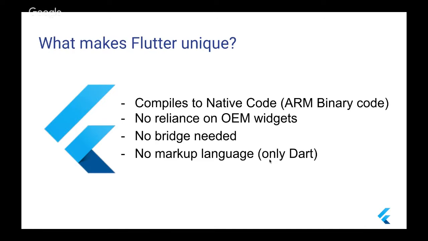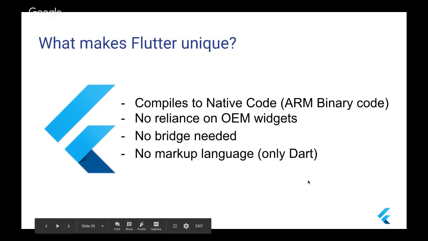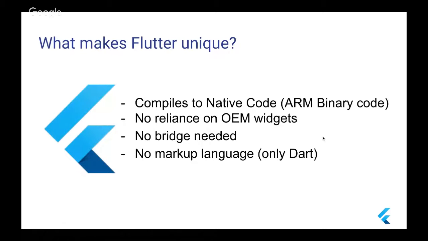The answer is XML. And you find there is a problem here. You are describing the UI with one language and using another language to write your application business logic. You are describing the UI with XML and using Java, Kotlin, or Swift to write your application. This is a bit of a problem, and you will face some problems with testing, and you are not getting the full feature of using a full programming language for describing the UI.